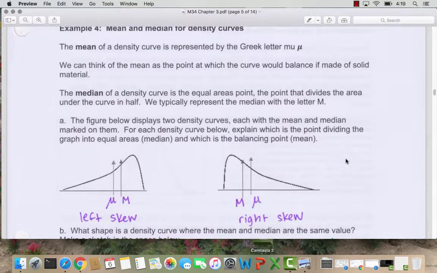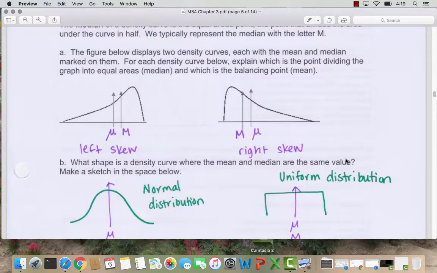We've looked in the previous chapter at the relationship between mean and median, so this is a little bit of review. We're using m here for the median and Greek mu for the population mean. If the mean is less than the median, we expect a left skew. If the mean is higher than the median, we expect a right skew.